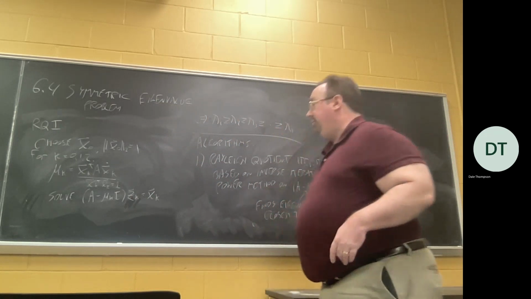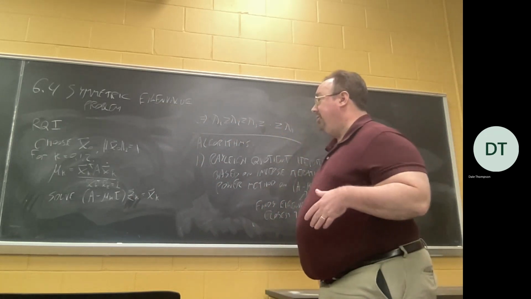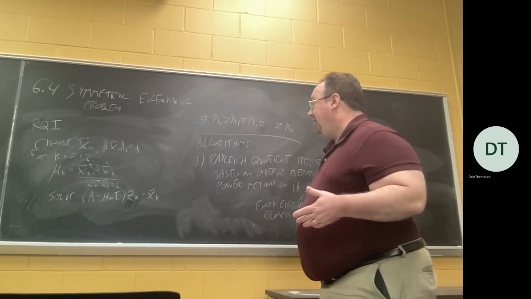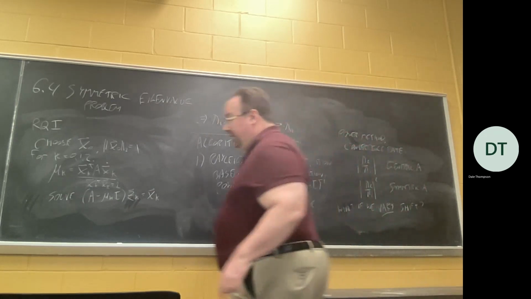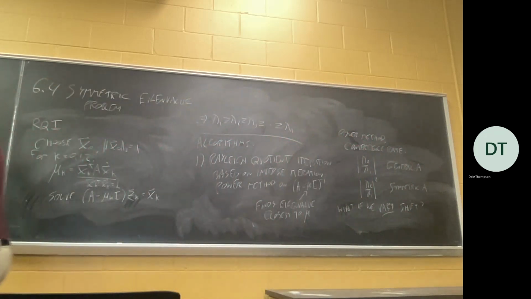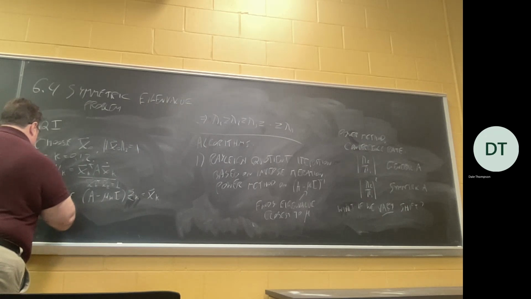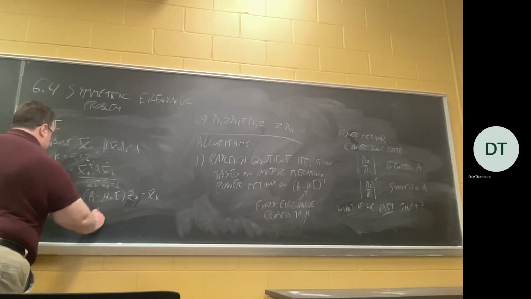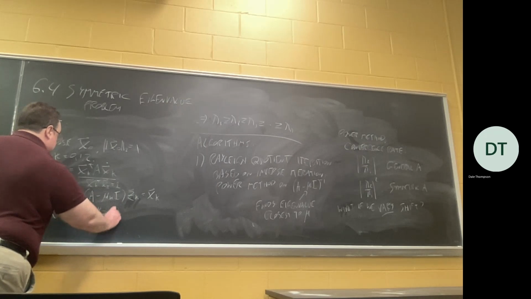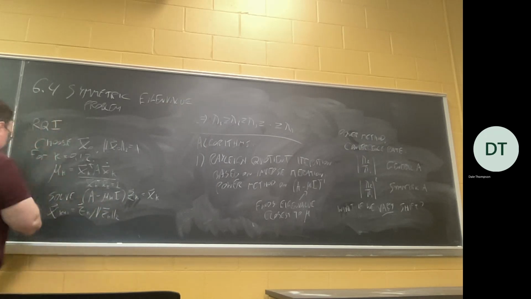In other words, we've performed one iteration of inverse iteration with mu k as the shift. And then I get my next x vector just by normalizing: x k plus 1 is equal to zk over its norm. And that's it.